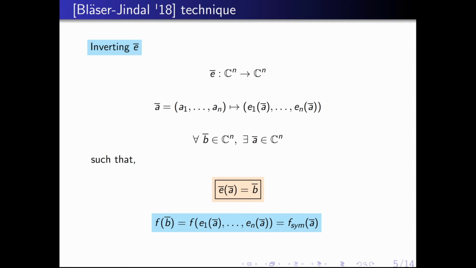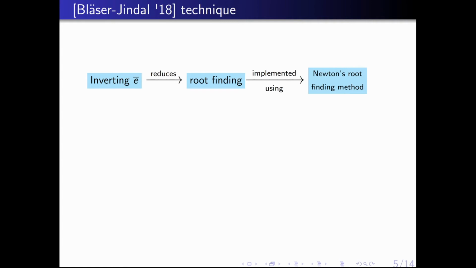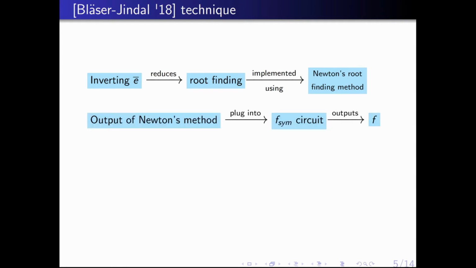Now let's get a bird's-eye view of the Blaser-Jindal technique. They reduced the problem of inverting this map to root finding, and then they implemented this root finding using Newton's root finding method. And what they did, they fed the outputs of Newton's method to the circuit of f sim, which will in turn output f.